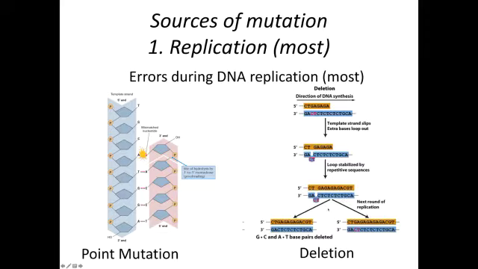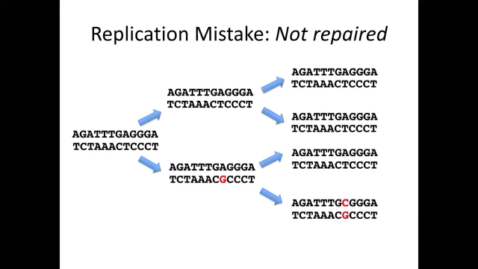All right. So in the next round of replication, this CT is missing on this duplex, but is still present on this duplex, so you can get deletions that way. And for similar reasons, you can also get insertions because of basically stuttering on the part of a DNA polymerase in a sequence that's repetitive.